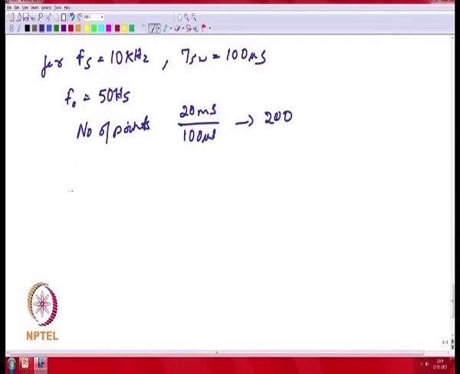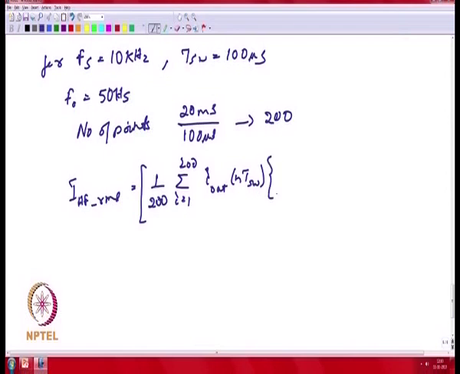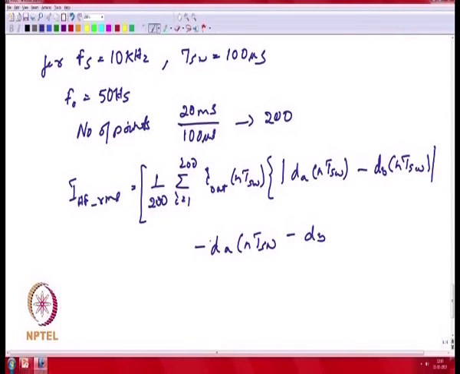So your high frequency current is this I out of N TS, and the whole thing under the square root will give you your RMS current.